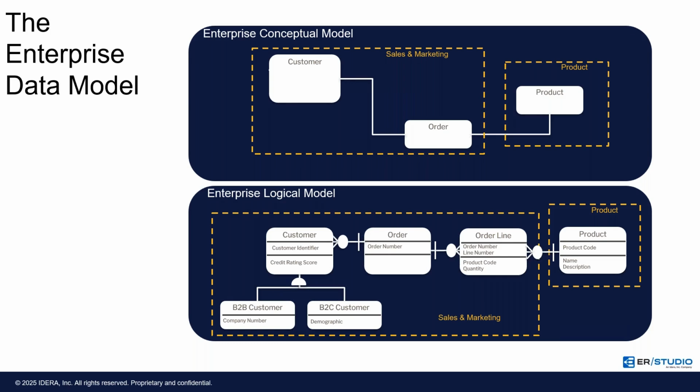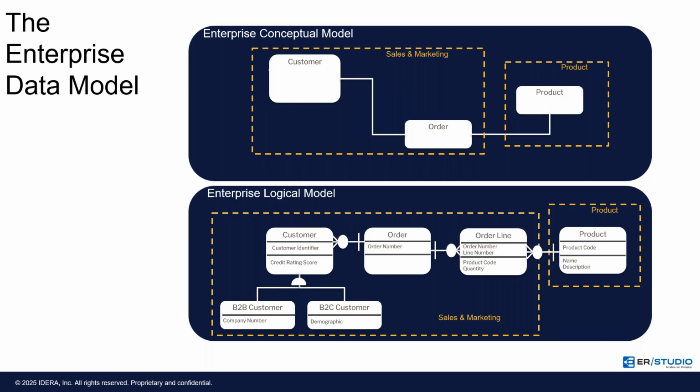So an enterprise data model. Often this will start off with the idea of being able to represent something at a fairly conceptual level. And what we mean by that is, what does something really mean to the business? How does the business look at things like its different domains or its different business areas? How do they break those down?